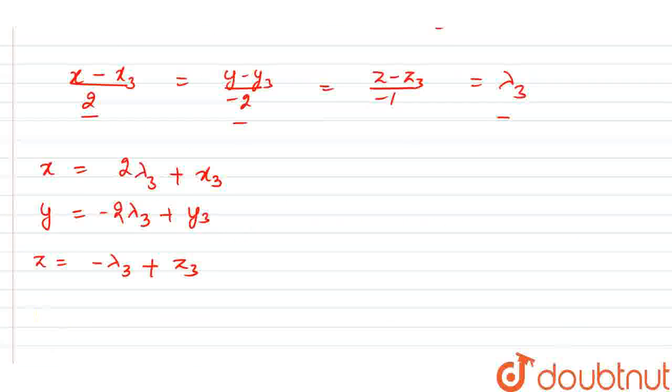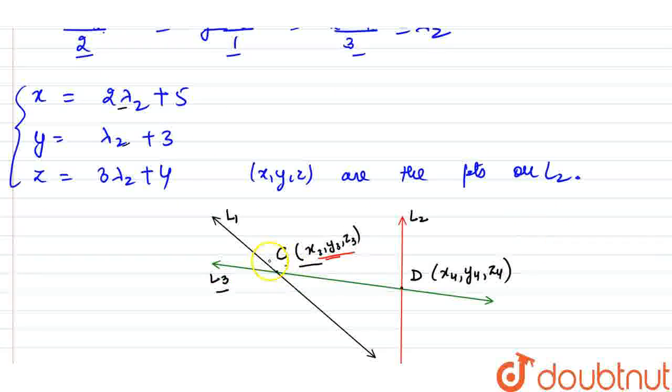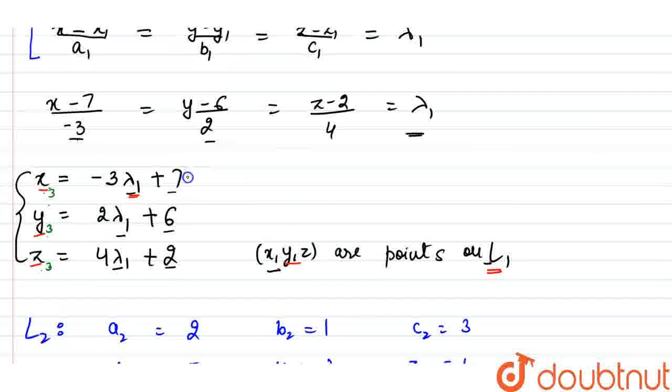Because x, y, z is a random point on the line L1, and x3, y3, z3 is also a point of L1, this will satisfy the equation of x, y, z.